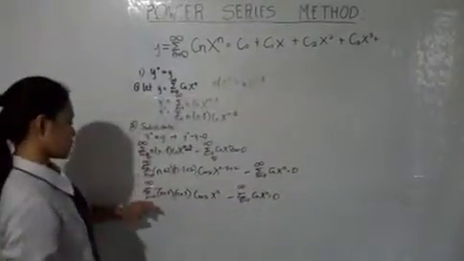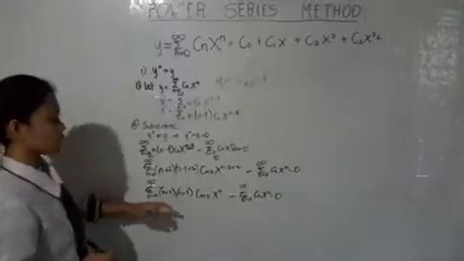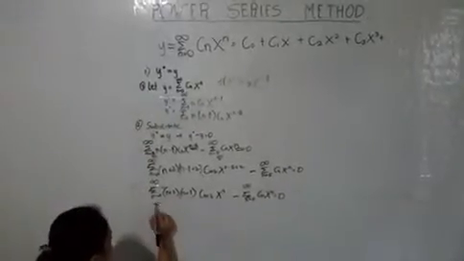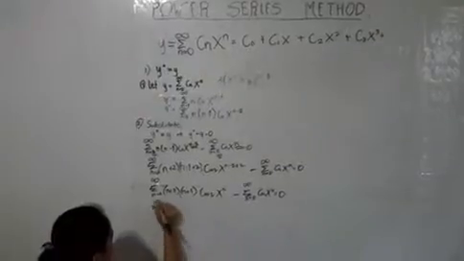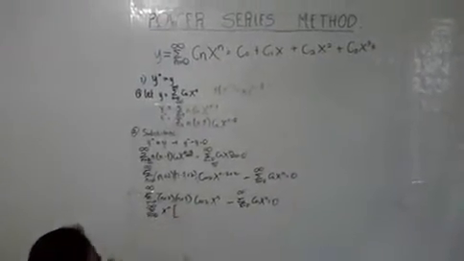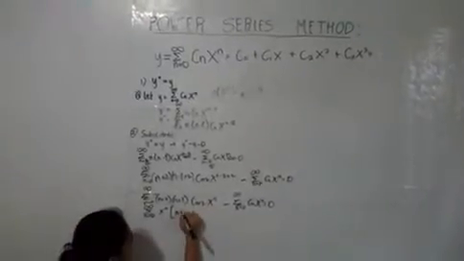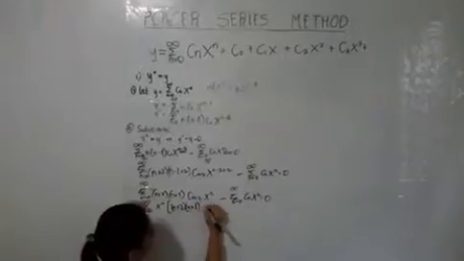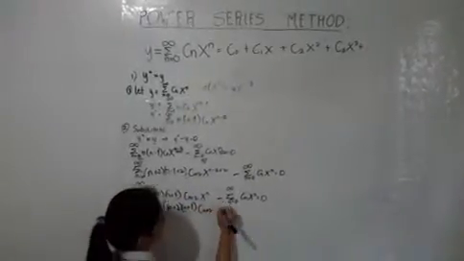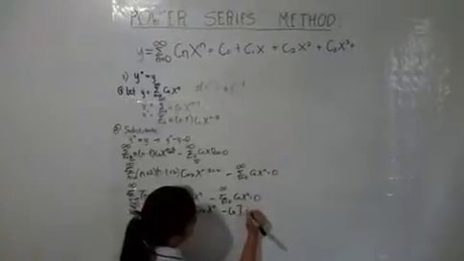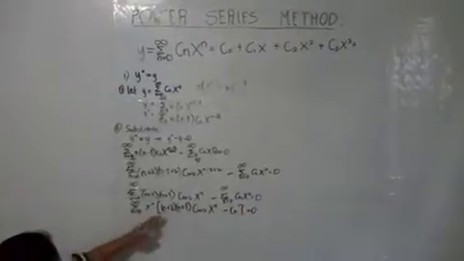Now they are similar, we can factor it out to get our recursion relation. We factor it out, we have (n plus 2)(n plus 1) c sub n plus 2 x^n minus c_n x^n equal to 0.